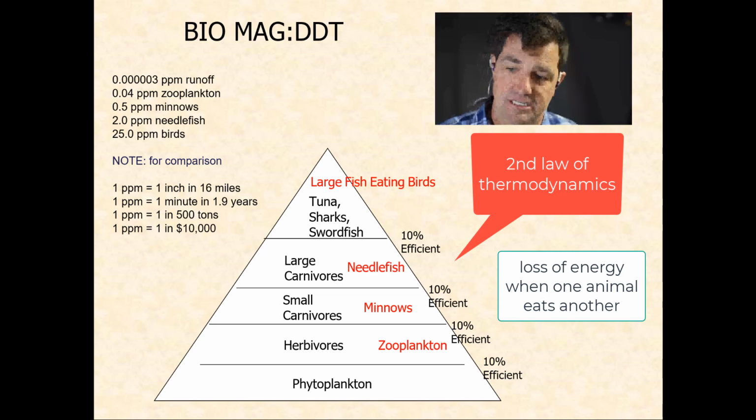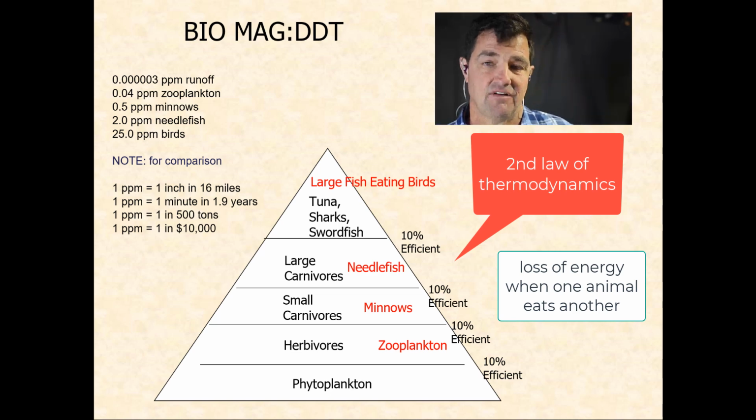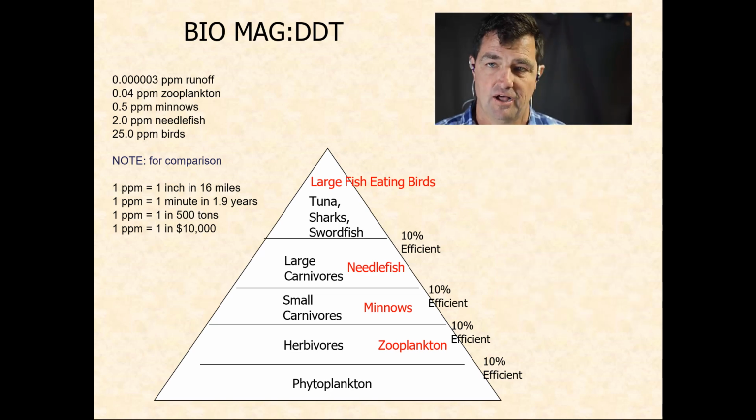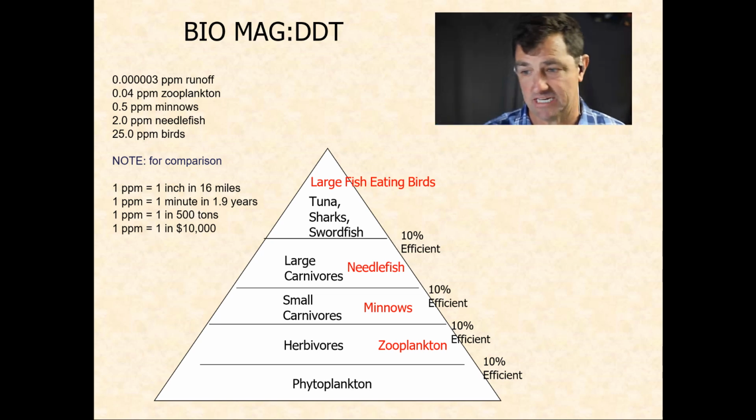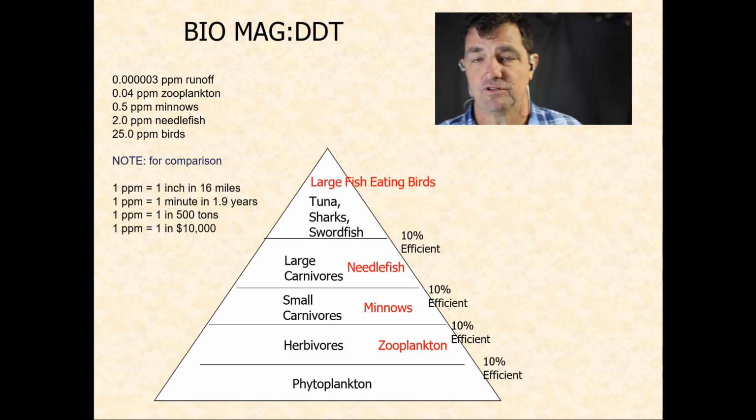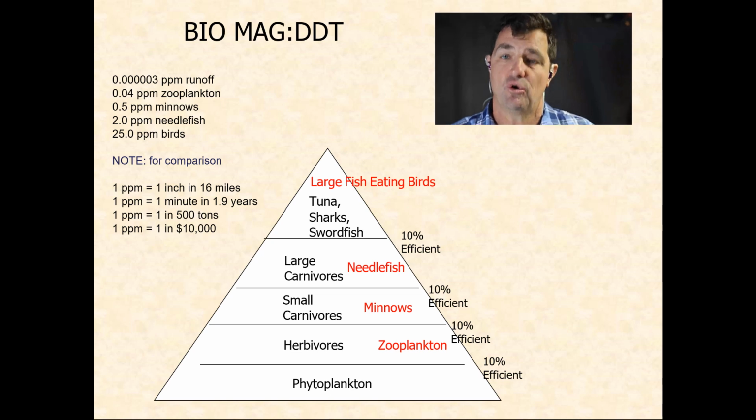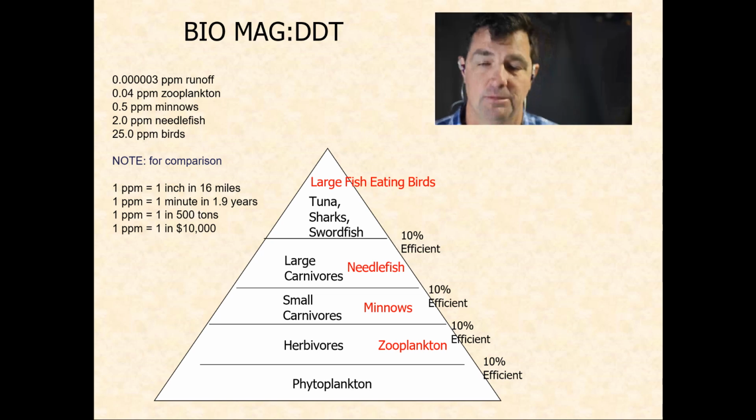A small animal has to eat a very large number of smaller animals, and a big animal has to eat a large number of those, because you're always losing energy as you move up the energy pyramid.